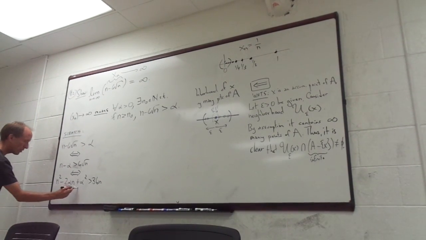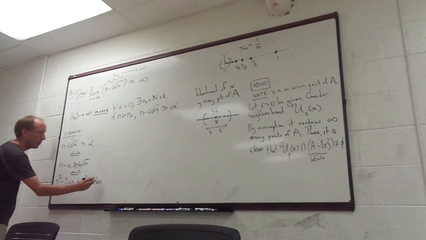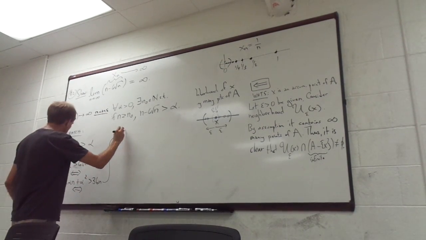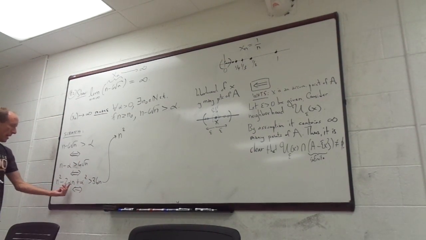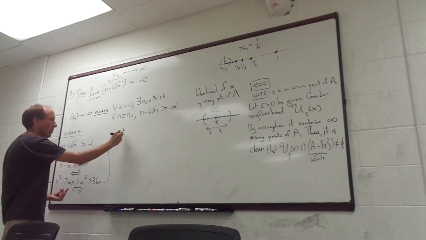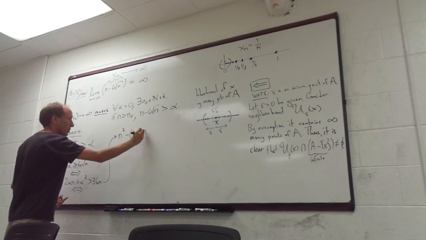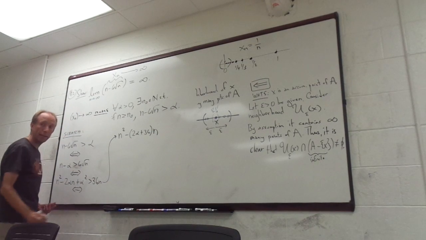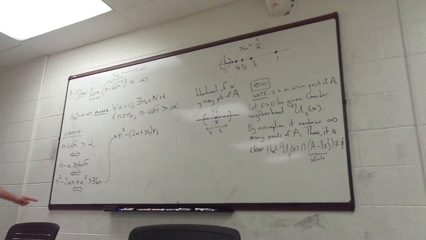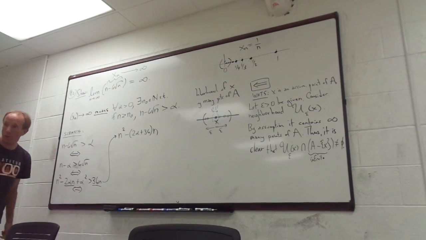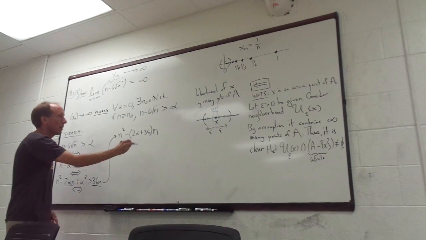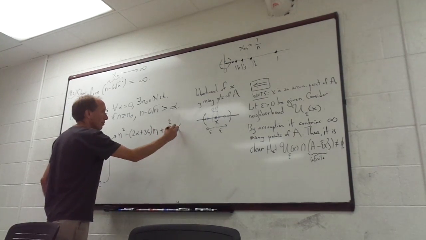Because I have n squared, and then how many n's do I have? Well, it's going to end up being 2 alpha plus 36 times n, I think. Right? So I'm going to combine these two terms because they both have an n on them, and then plus alpha squared greater than 0.